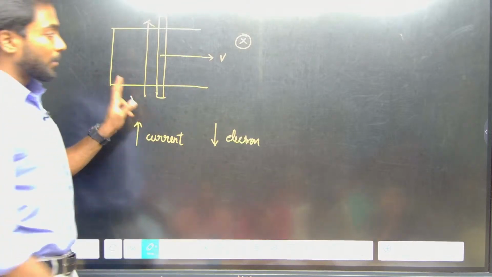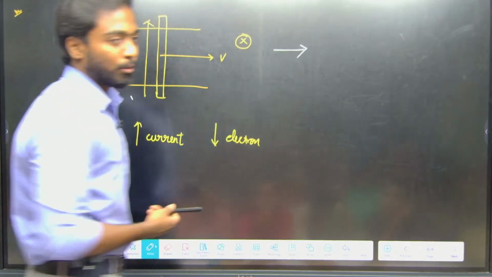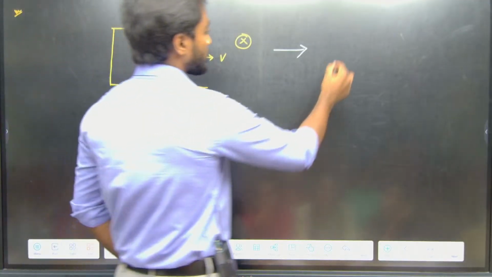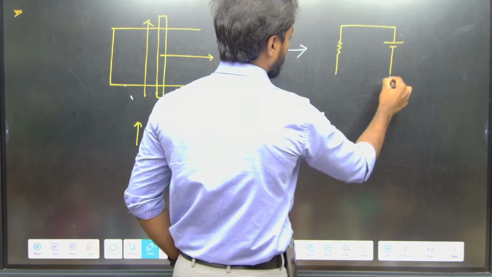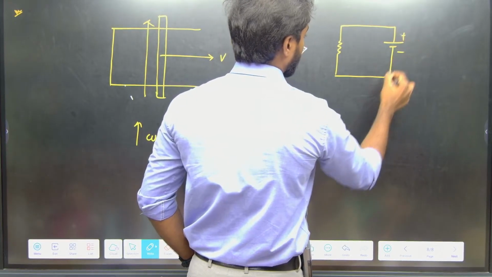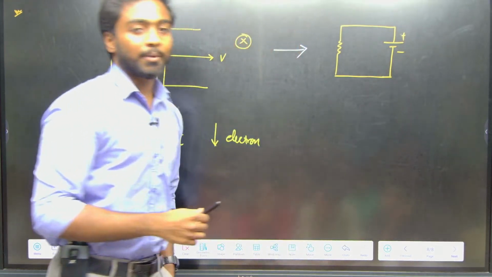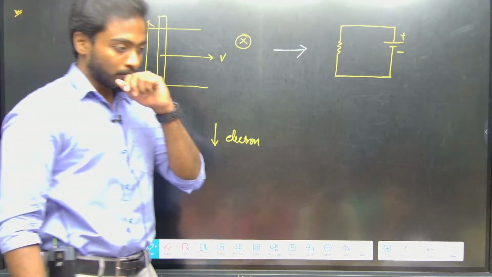Now if I want to represent this diagram in terms of circuit, this is my circuit, so negative to positive. You can take that circuit.